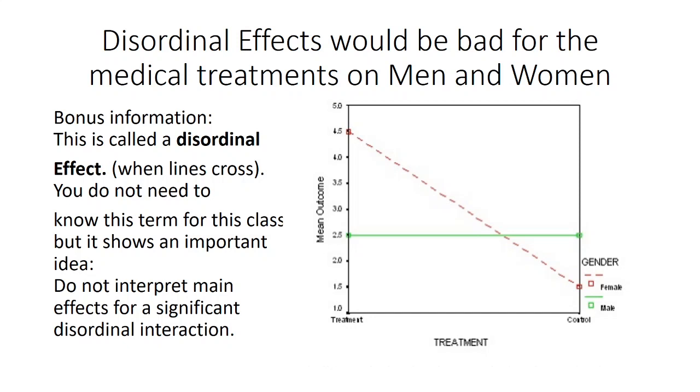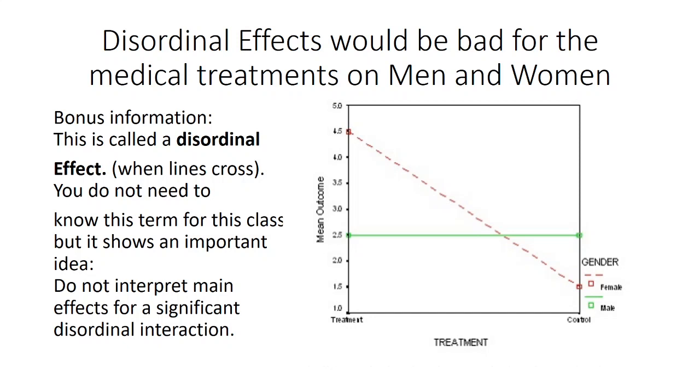They go from one side to the other. But if you take a look at the females, the treatment starts off at a control of about 1.5. If you give them the treatment, then it goes up to 4.5. So in some sense, we have to control for various parts. There may be some interaction going on.